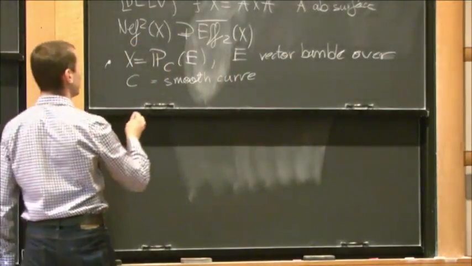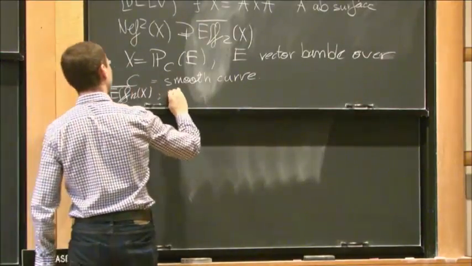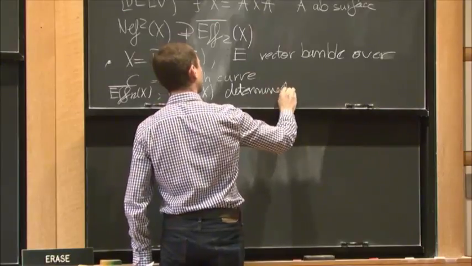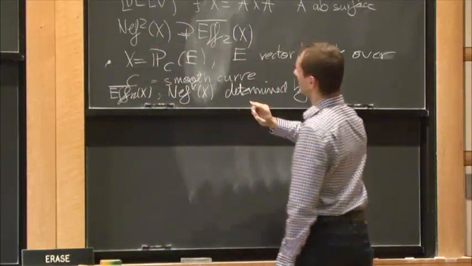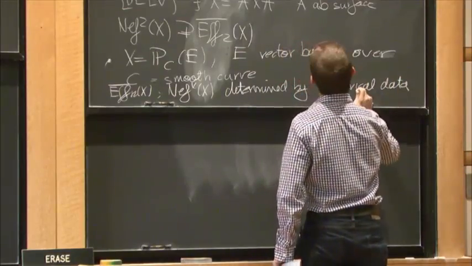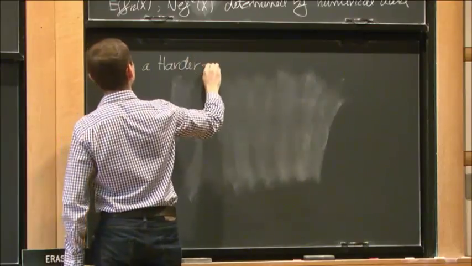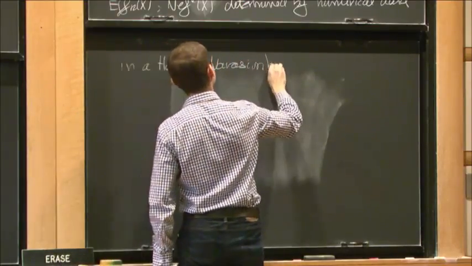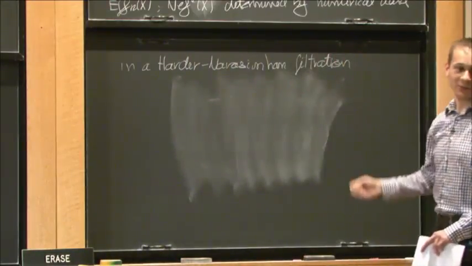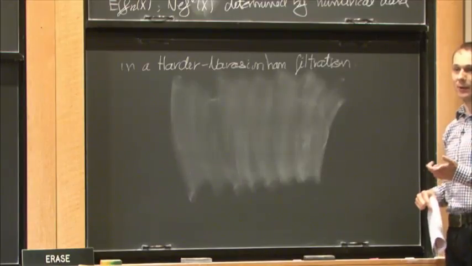And while I don't want to give the precise result of the computation, I will say that the pseudo-effective cones and the nef cones are determined by the numerical data in a Harder-Narasimhan filtration of E. So you have a filtration of E with semi-stable successive quotients, and these quotients have some ranks and some degrees.